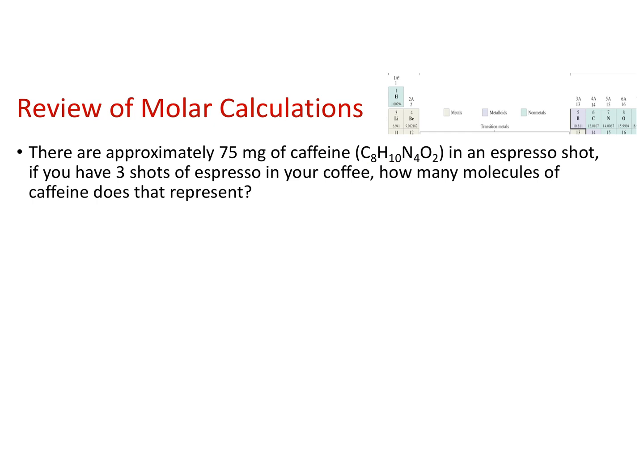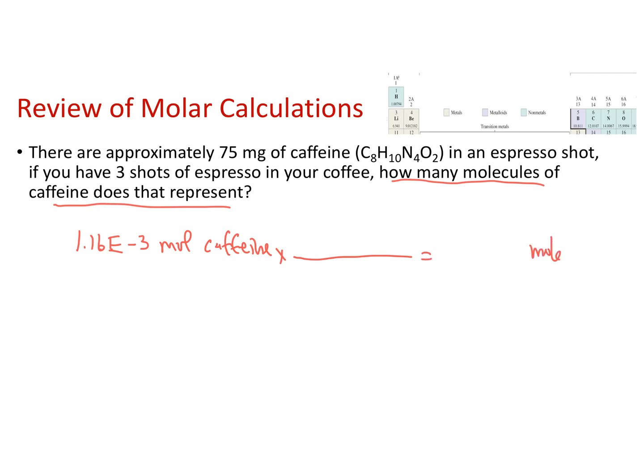So for the next question, we're asked how many molecules of caffeine does that represent? So on the previous slide, we determined moles of caffeine. I determined that I had 1.16 e to the negative 3 moles of caffeine. And I want to find out, I'm going to multiply that by something that gives me molecules of caffeine.